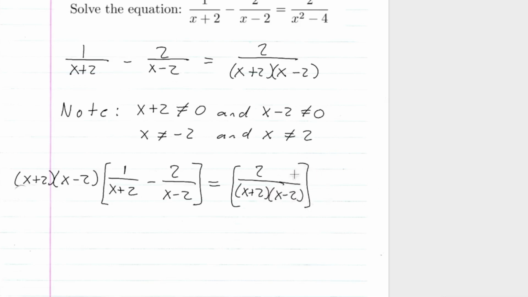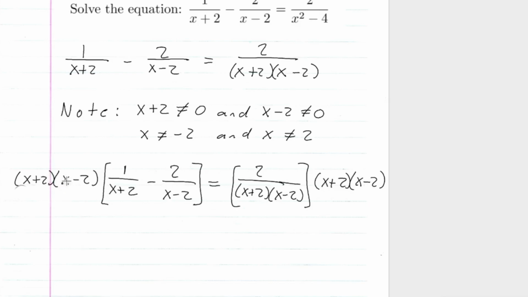And remember, the rules of solving equations, whatever we do to one side, we must do to the other. So that'll be x plus 2 times x minus 2. All right, so again, we assumed that x plus 2 can't be 0 and x minus 2 can't be 0, so that way we can multiply both sides by those factors.